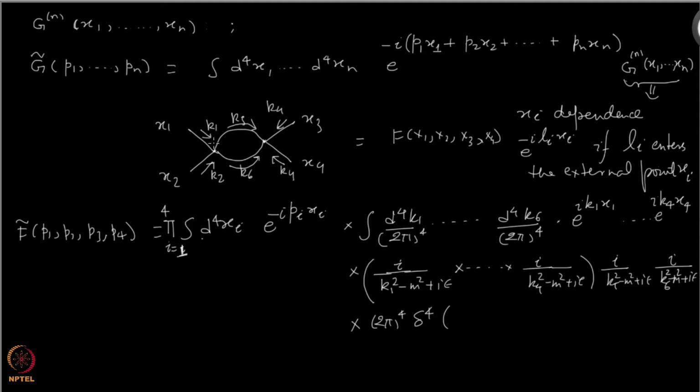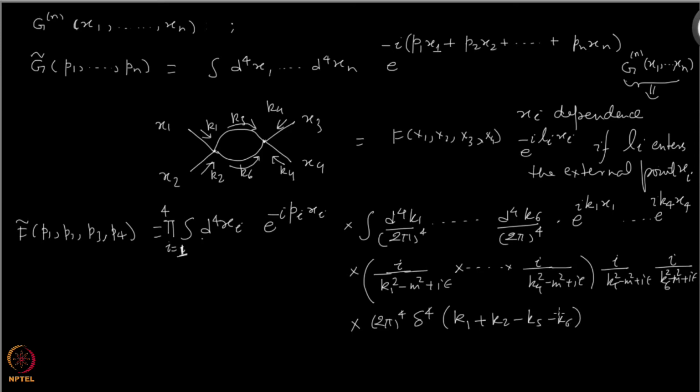So k1 plus k2 enters and k5 plus k6 exits. So the sum of all the momenta entering should be 0, which is k1 plus k2 minus k5 minus k6.